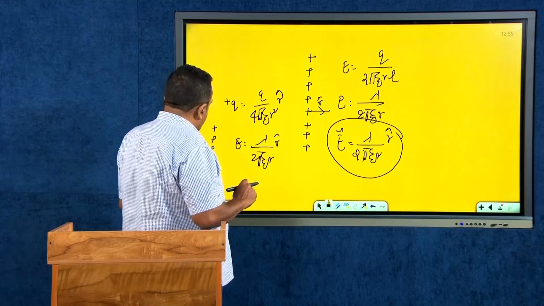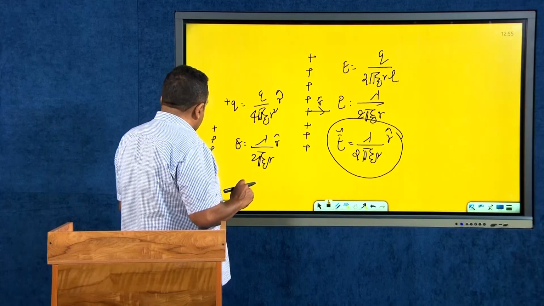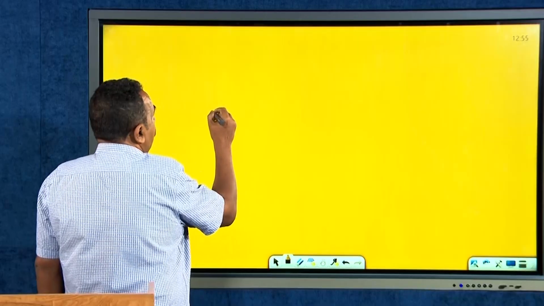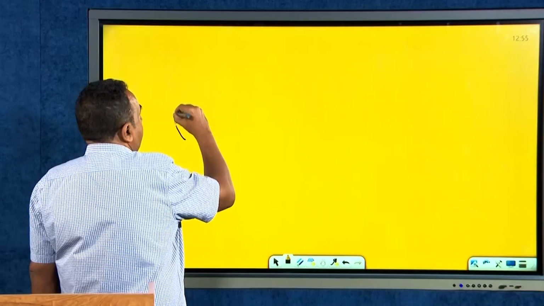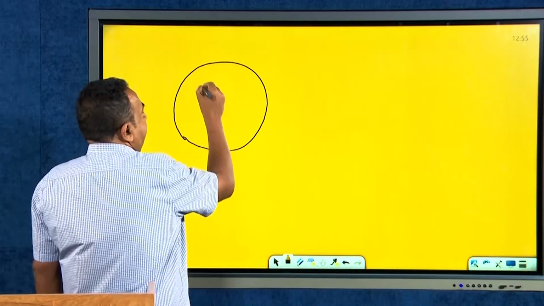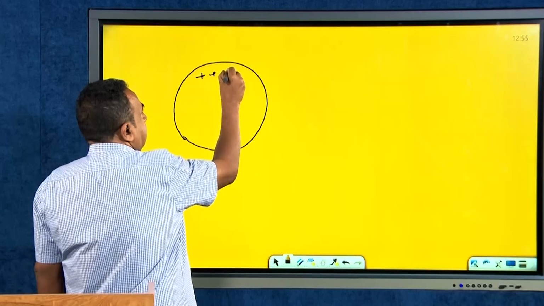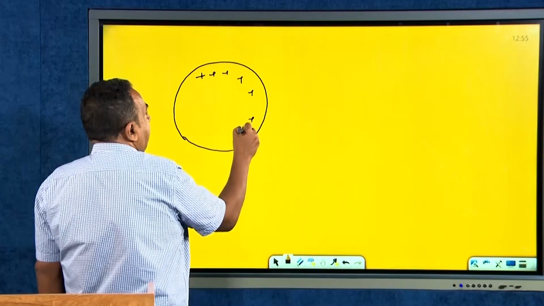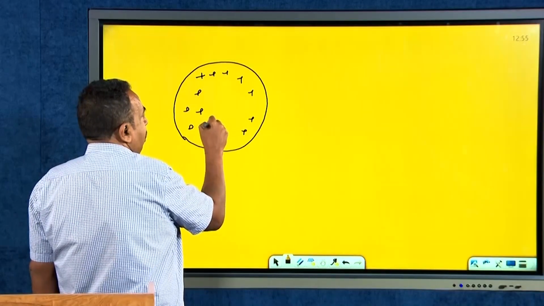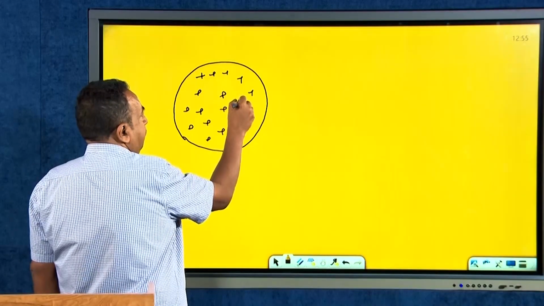When I say a uniform charge distribution, now it is a sphere. A sphere means it has a volume charge distribution. Therefore, it must be a non-conducting sphere.